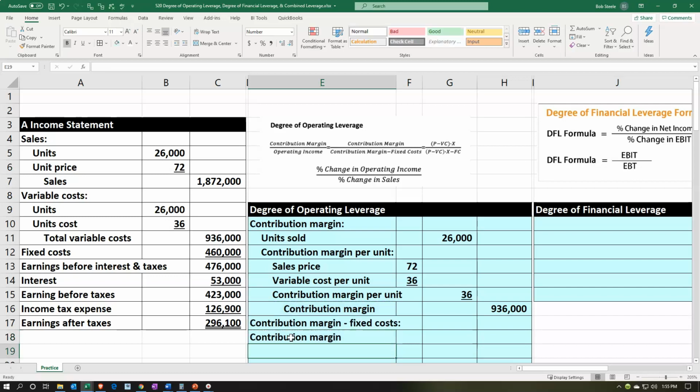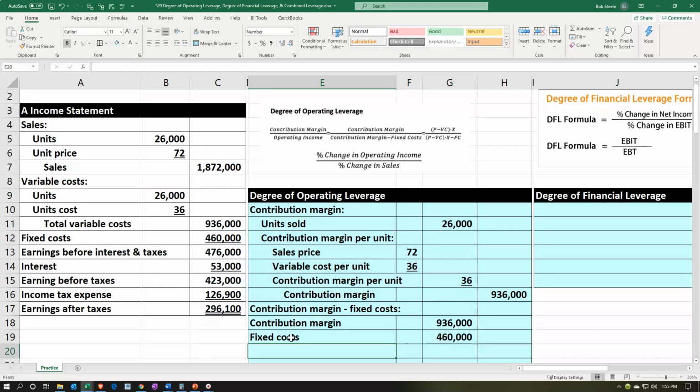We know the contribution margin. I'm going to put that in the middle column, equals this number. We just calculated that. Then we're going to subtract out the fixed costs, which are given over here. Fixed costs are going to be equal to the 460,000. So that gives us the contribution margin minus the fixed costs.